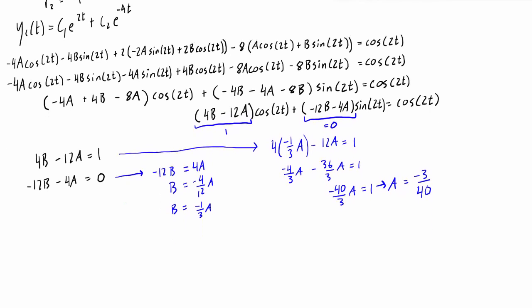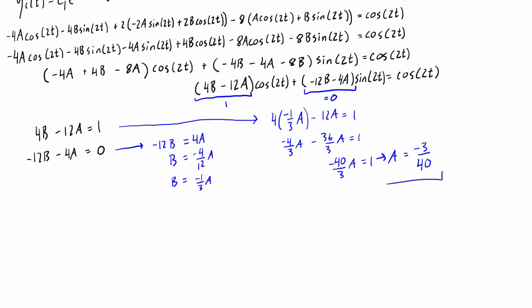Let's put a little box around that because that's pretty important. We can plug that back in here, so b equals negative 1/3 times negative 3/40, and we find that b is just equal to positive 1/40. Perfect. Let's throw a box around that one as well because that's pretty important.